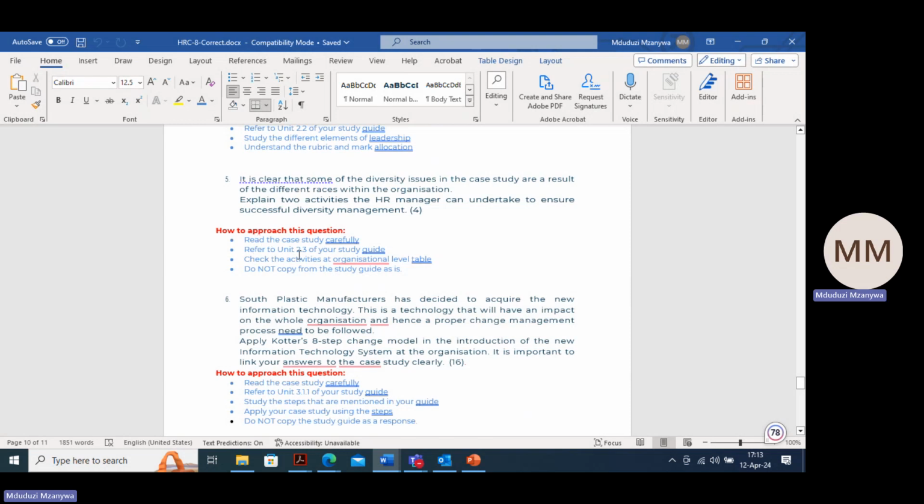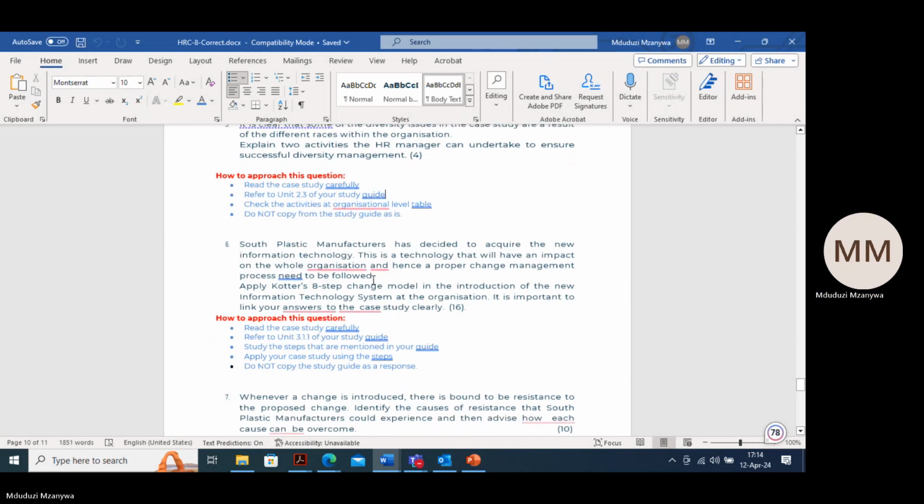You read the case study carefully. You refer to unit 2.3 of your study guide. And then I think the differing part is that you go and check the organizational level activities of diversity management. And then do not copy those, but mention those that would fit your context as the case study.